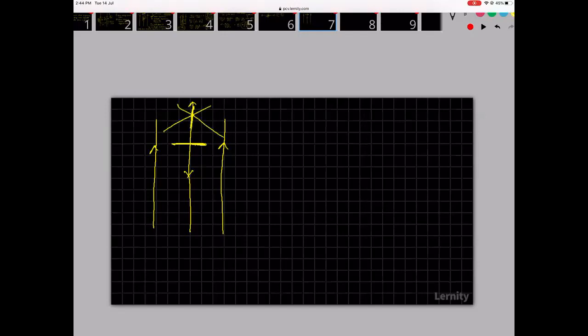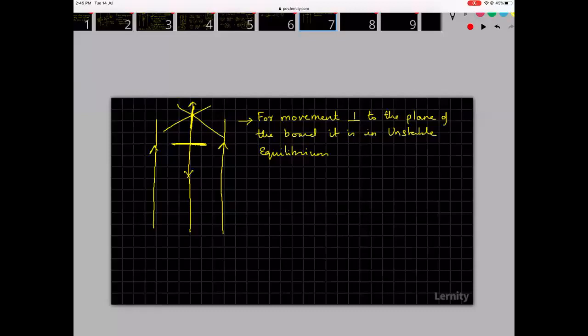So this particular wire, for movement perpendicular to the plane of the board, it is in unstable equilibrium.